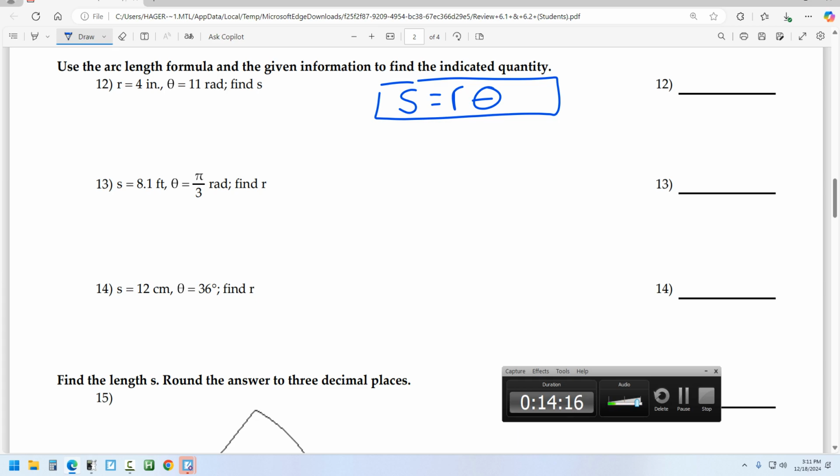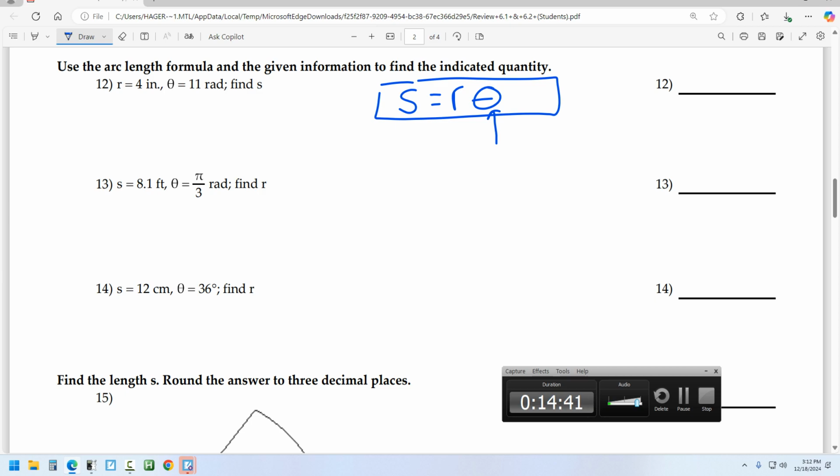And we got to remember when we fill in for theta, theta represents what in this problem? S is the arc length. What's the theta represent?